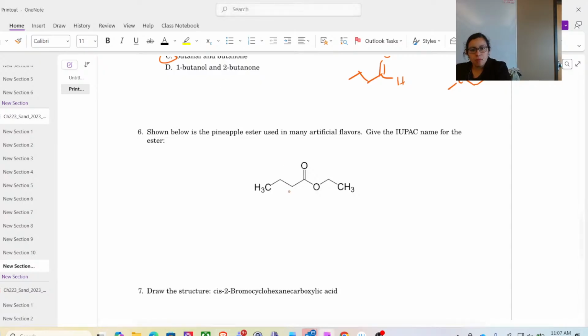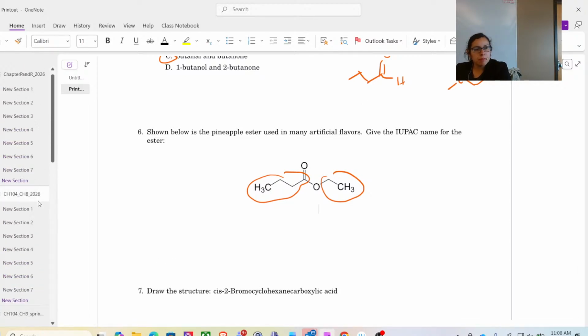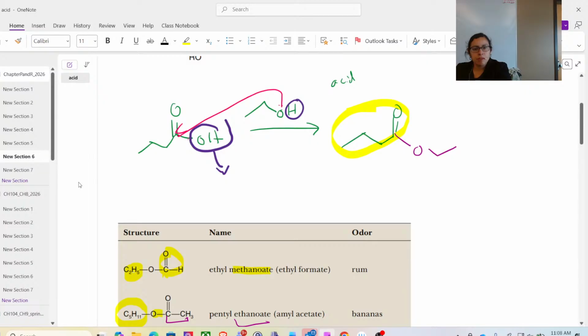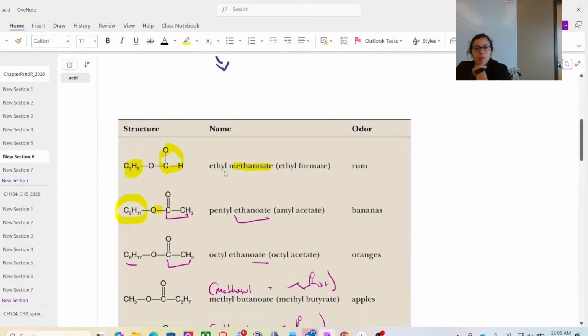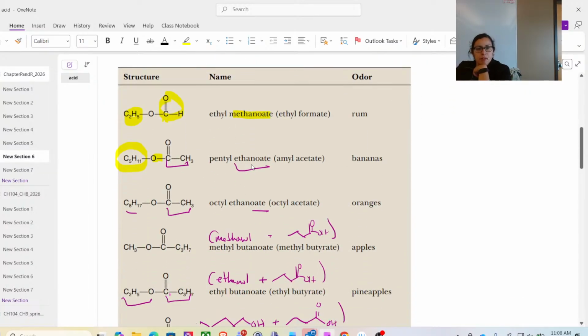So we have 4 over here, right? And then our O-C-O kind of group is 2 on one side. It might be helpful, let's see if I have these notes. So look at our 2 different sides. We have our group and then ethanoate here.